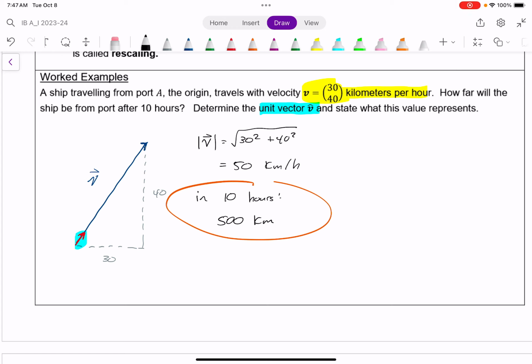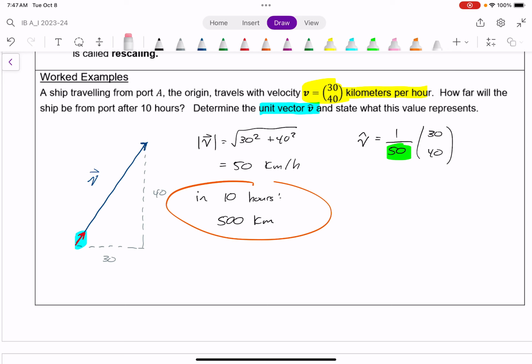The unit vector, which is denoted with a little cap on top, is going to be 1/50th, because the magnitude was 50, of the vector we started with. And in general, the unit vector is always just 1 divided by whatever the magnitude is.